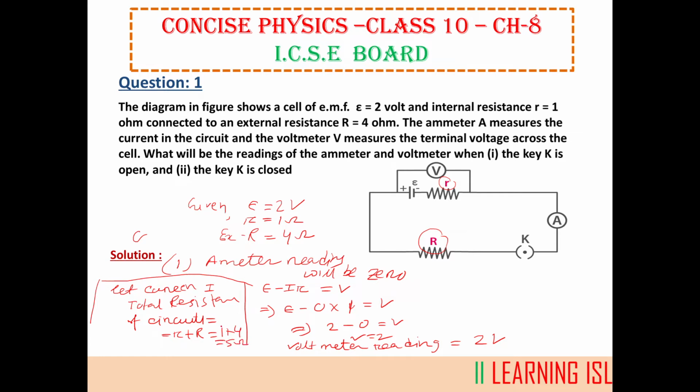So the resistance is 5 ohm and the voltage from the battery is E.